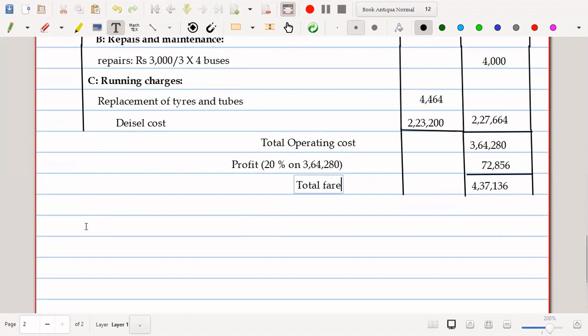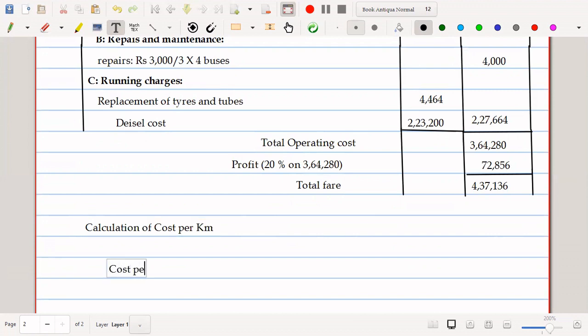Let's calculate it here. Calculation of cost per passenger kilometer.